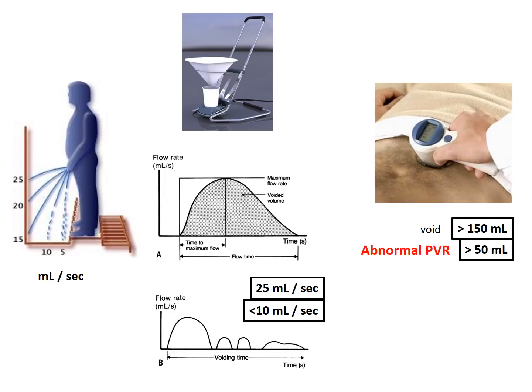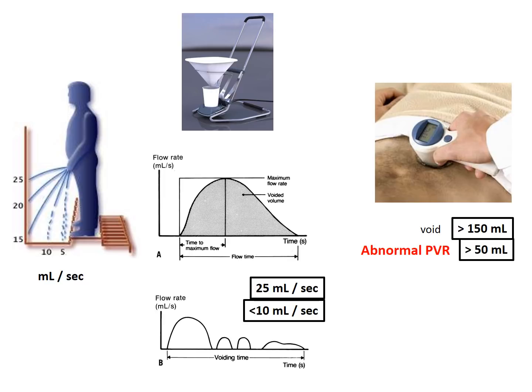So you can ask the male about the stream. You can do a quantitative urine flow cytometry where they pee into a device which then actually measures flow and gives you a graphic of what that flow not only looks like, but how much flow is coming out at any given time.